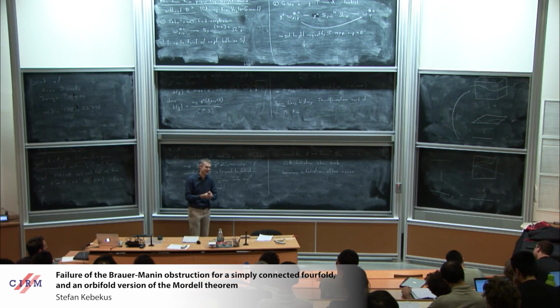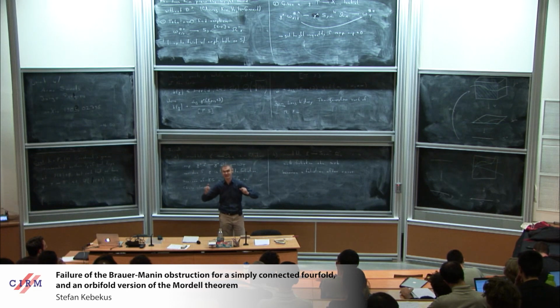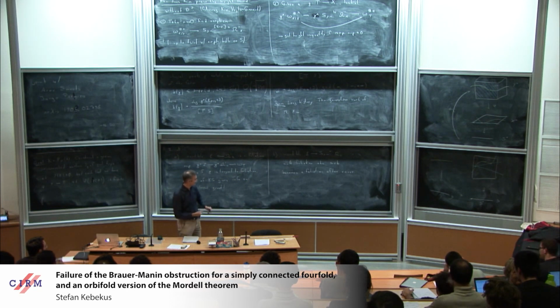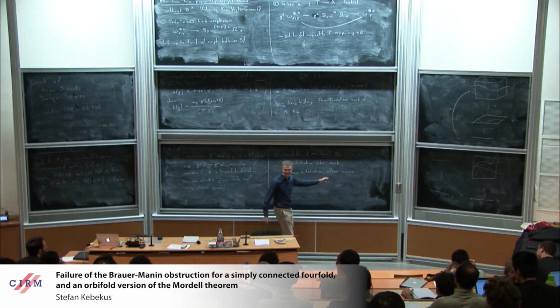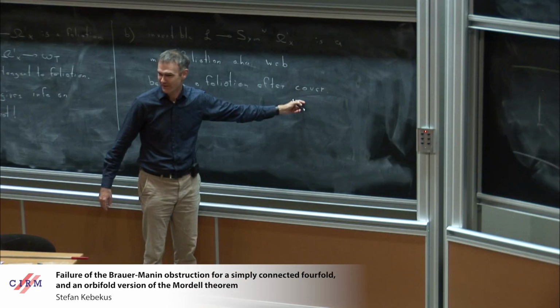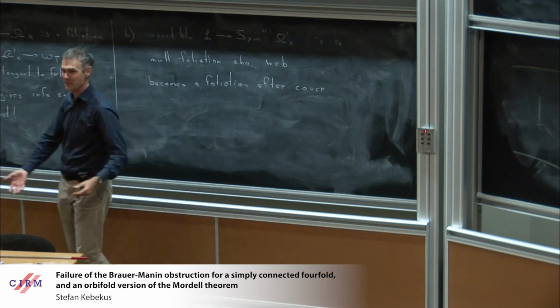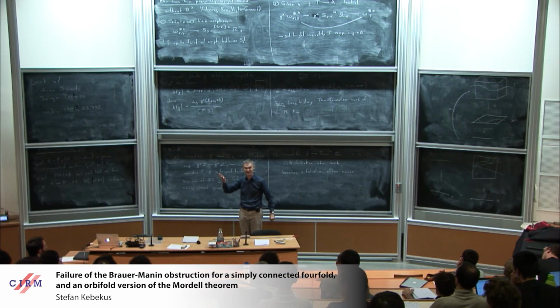We know something about the maximal destabilizing subsheaf, and then you go to a foliation, and then it matters whether the cover that you take here is separable or inseparable, right? If the cover is separable, then stability remains pretty much unchanged. If the cover is inseparable, then anything can happen.